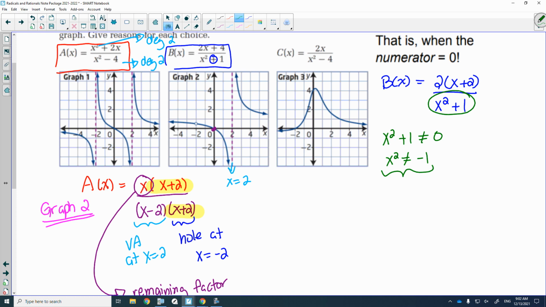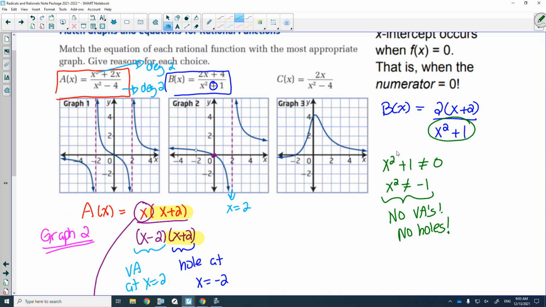What that means is there's no VAs and no holes. If you can't get an NPV from the denominator, that means no VAs, no holes. So it's going to be one of these graphs that doesn't have a VA, doesn't have a hole. So these have VAs, it's not going to be graph 1, it is going to be graph 3. But let's figure out a couple other things.